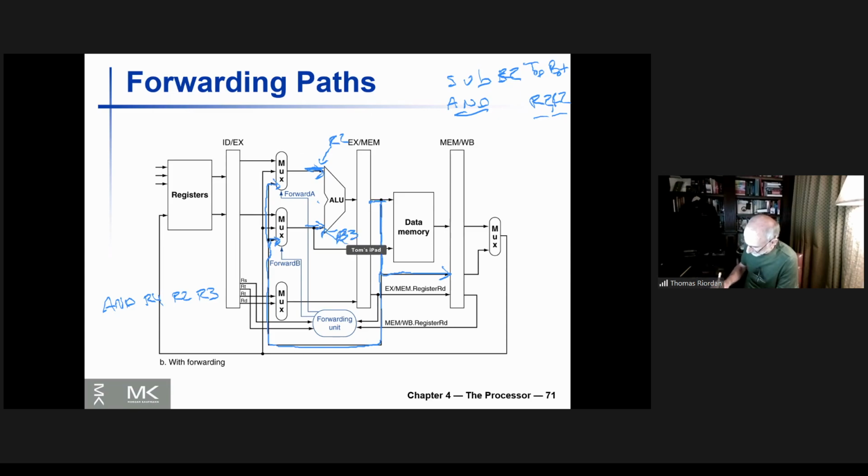So by convention, we just say this is the top column and this is the bottom column, meaning top of the ALU and bottom of the ALU.